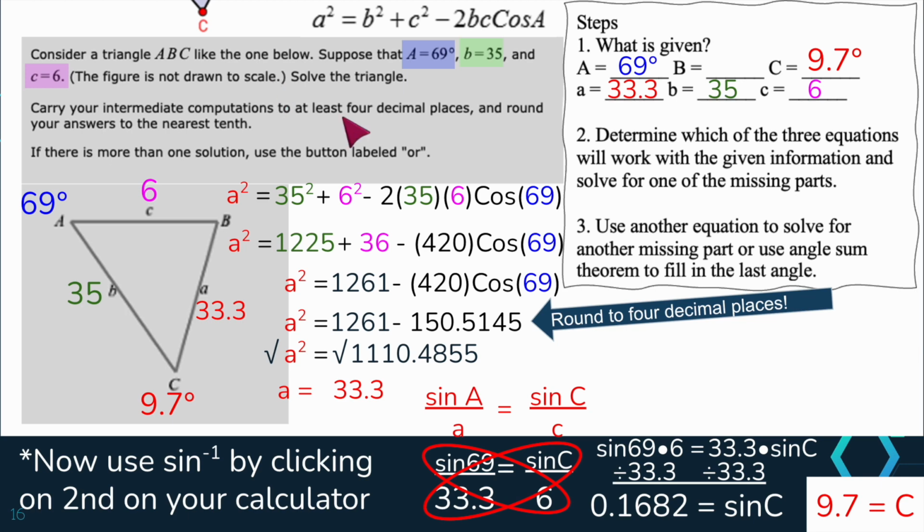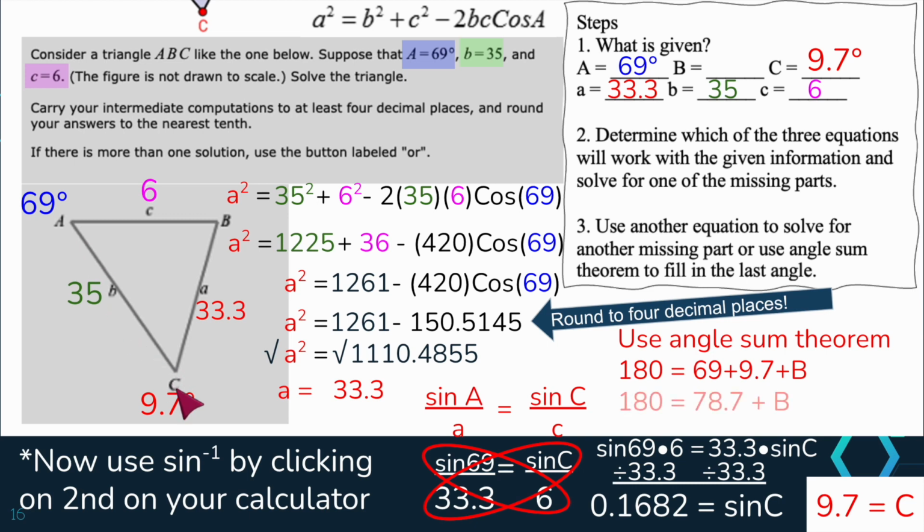All right, our very last piece here, we have one more angle to find. So since I have two angles, I'm going to use the angle sum theorem. Remember, that means that in a triangle, the three interior angles add up to 180 degrees. So I have 180 equals my 69 degree angle plus my 9.7 degree angle, and then angle B, because that's what I'm looking for. And when I add these two together, I get 78.7.